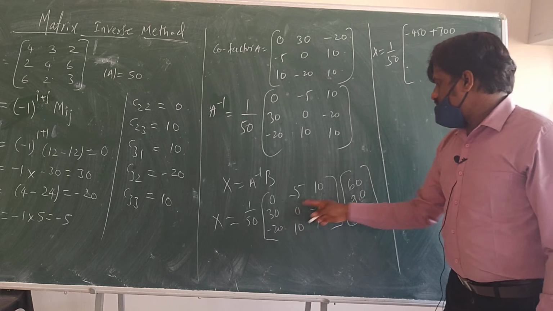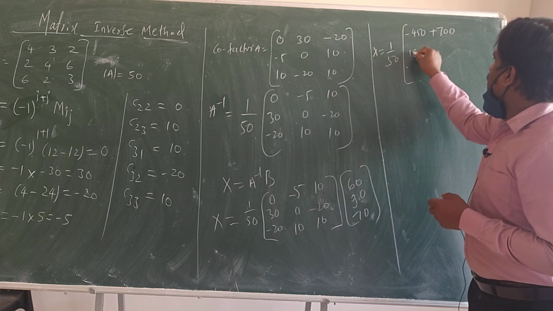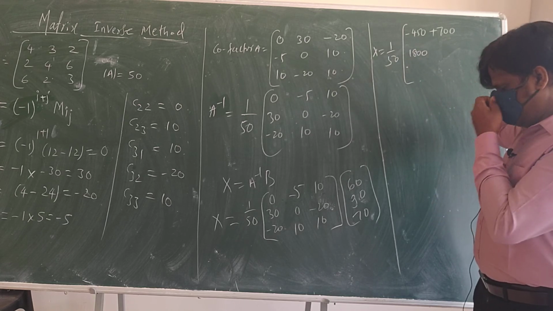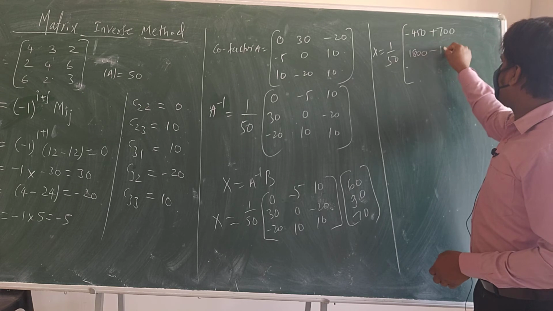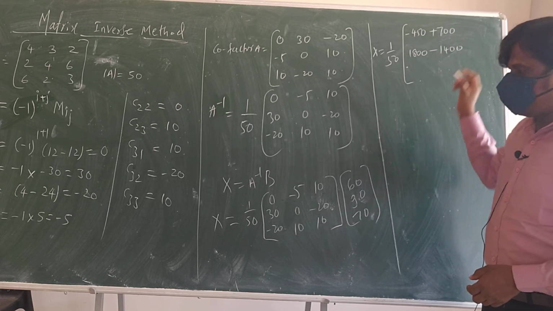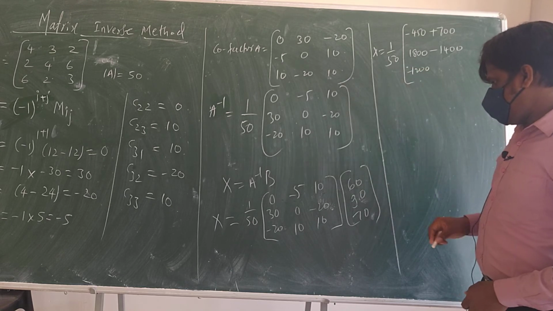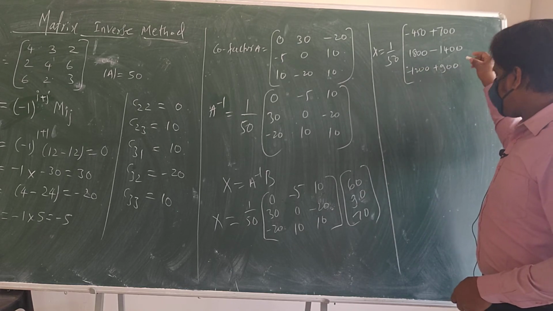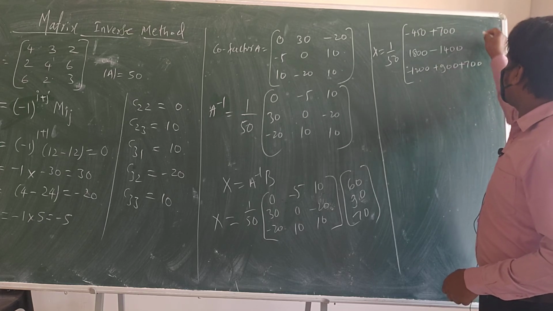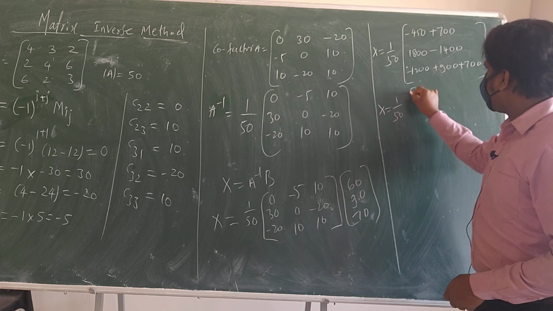Right, tell me. 6 3s are 1800. Right? 1800. 0. Next. Minus 1400. Right? Next. Minus 1200 plus 900 plus 700.